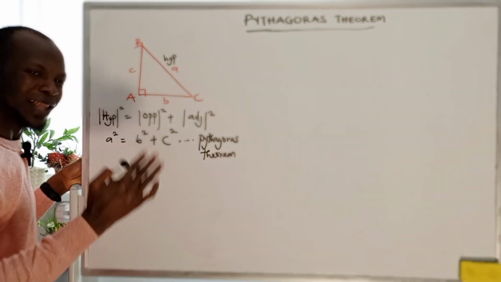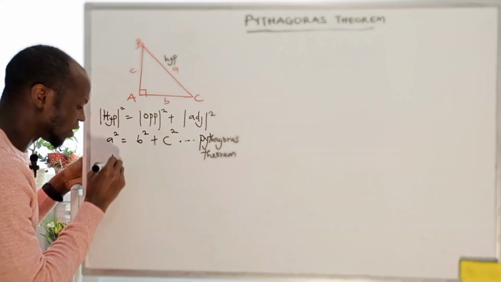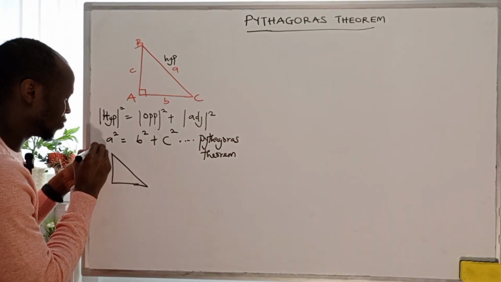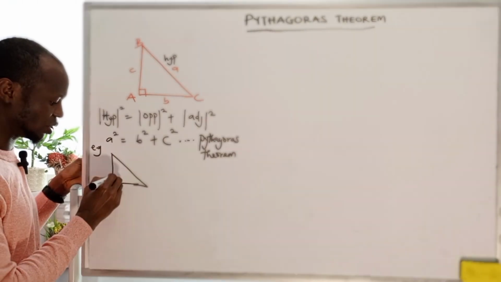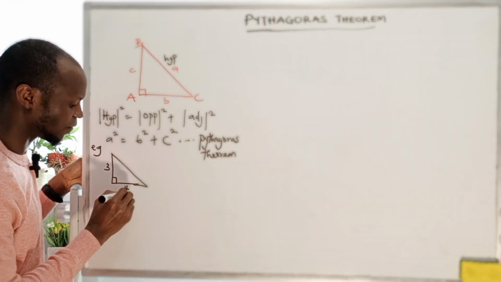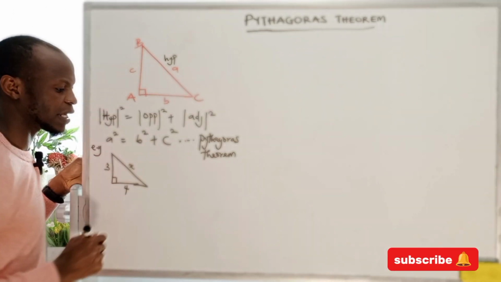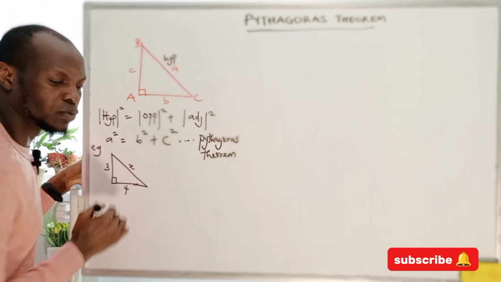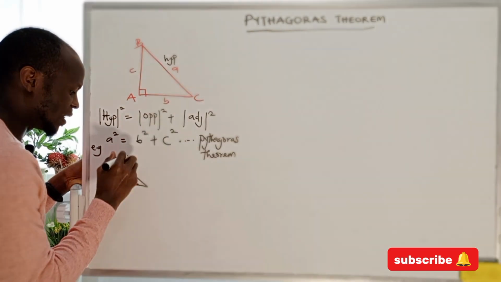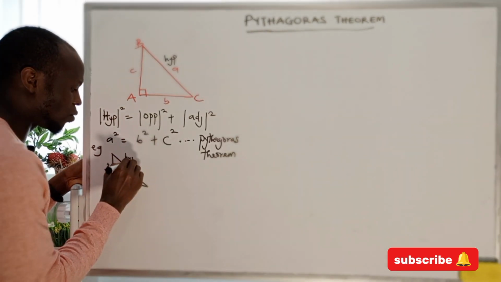Now, let me give an example. If you have a right angle triangle, as I have on the board, where this side is 3 and this side is 4, and I'm given this side as x and asked to find x, automatically you need to identify this side as my hypotenuse.